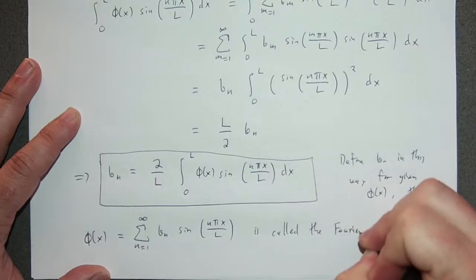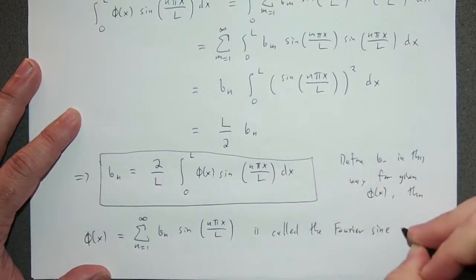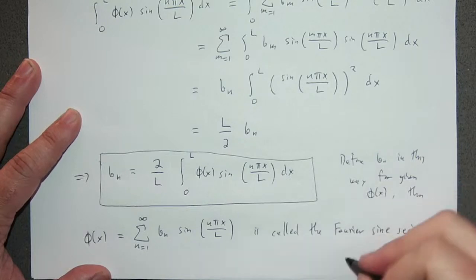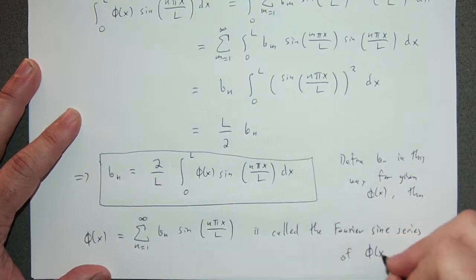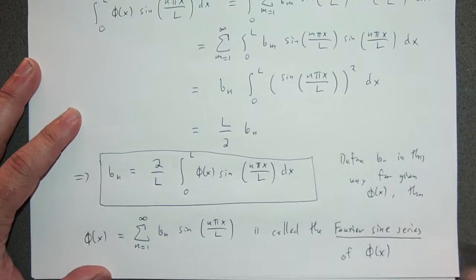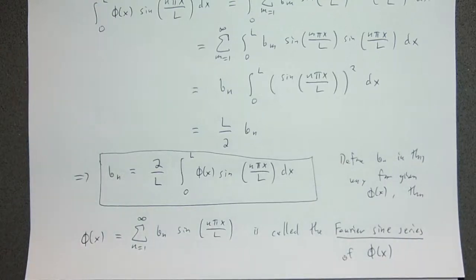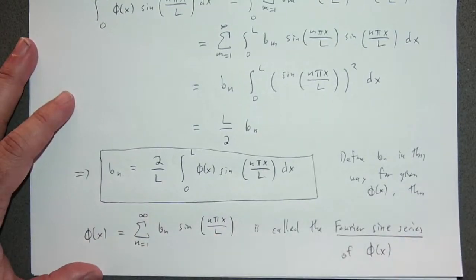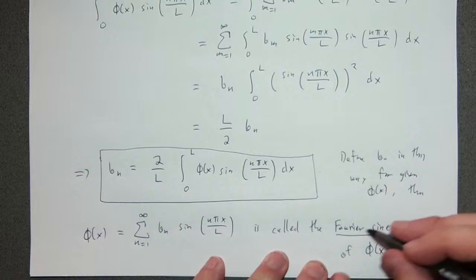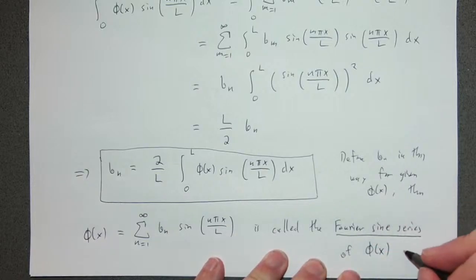So this is called the Fourier sine series of phi of x. Okay. And I should say that obviously this depends on the interval as well, so maybe we should include here the Fourier sine series of phi of x on the interval 0 to L.